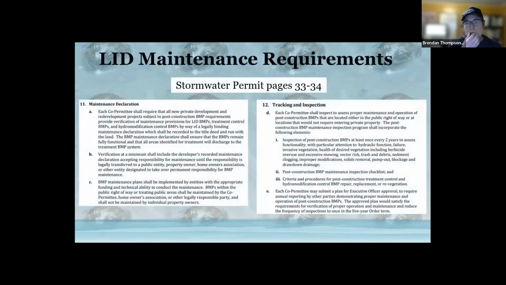Finally, we're here to talk about maintenance today, and just wanted to let you know that the stormwater permit for the Russian River cities and the county has requirements to make sure that all these LID features are maintained, not only for the LID features that are within their right-of-way or that they own, but also the ones on private property.